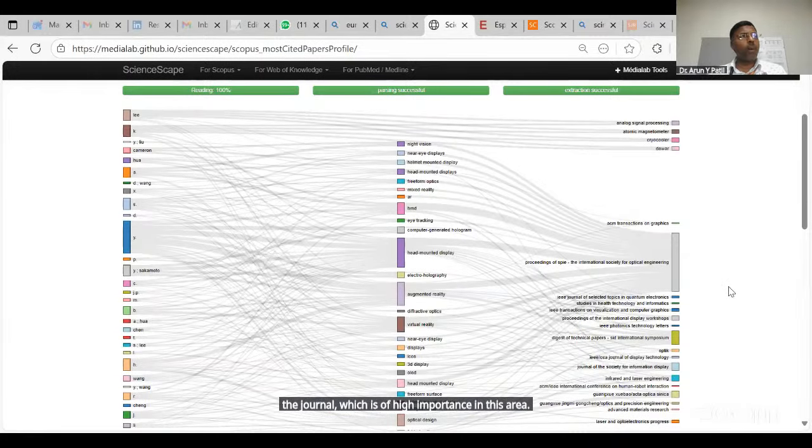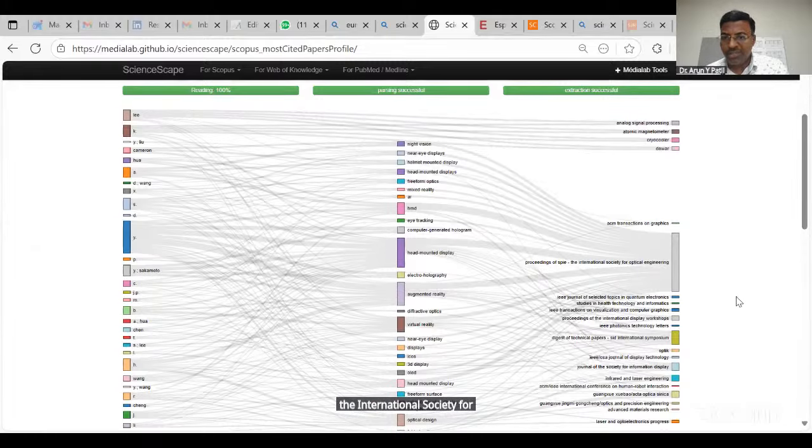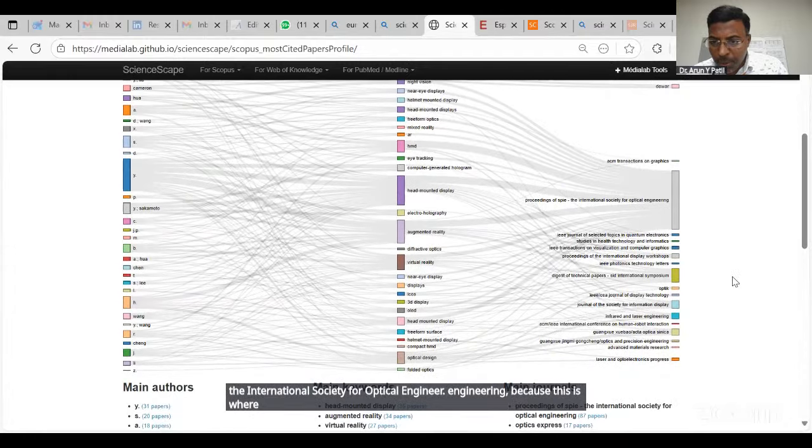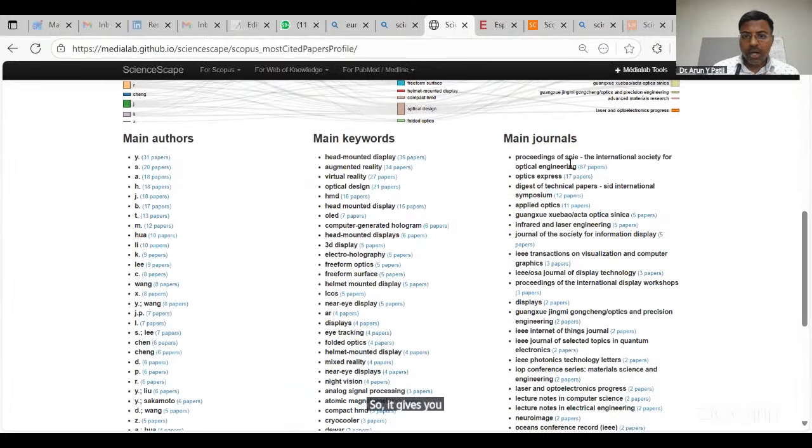For example, for compact helmet, which I am trying to work on, I will try to focus on Proceedings of SPIE, the International Society for Optical Engineering, because this is where the majority of people have published. So it gives you clarity even about the keyword-based data. You can see the full name is not appearing, but he has published 31 articles.